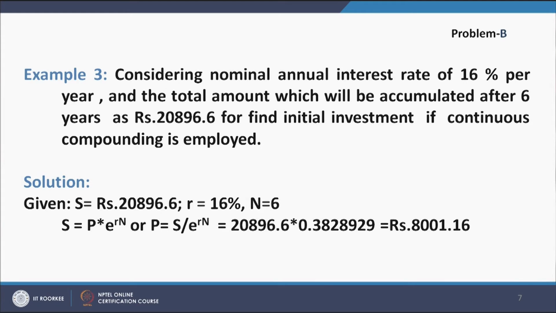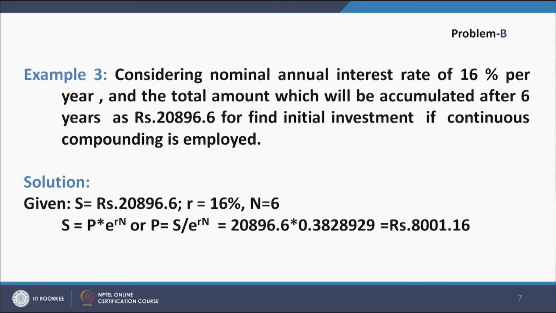So, S equal to P into e to the power Rn, or P is equal to S divided by e to the power Rn. So, this is equal to 20,896.6 into 0.3828929, and this value 0.3828929 is equal to 1 by e to the power Rn.